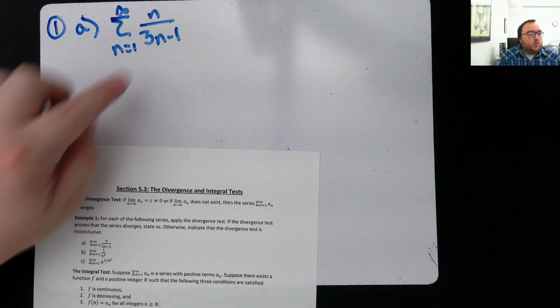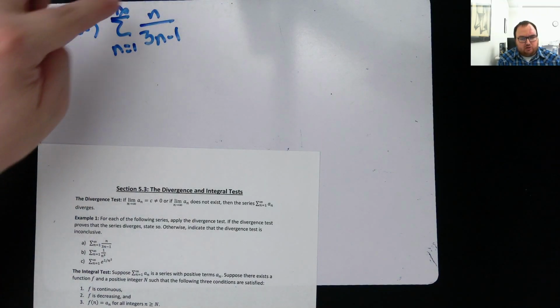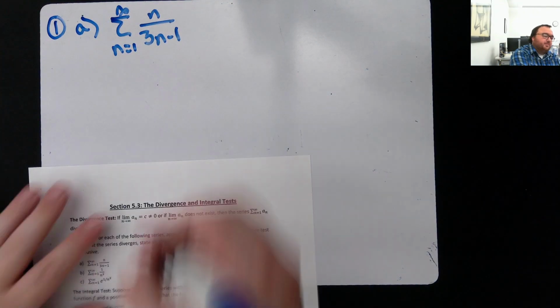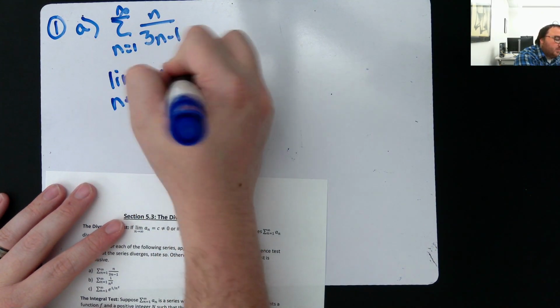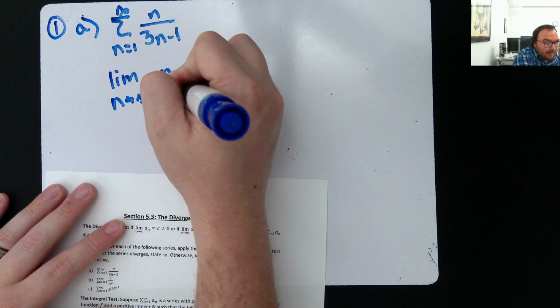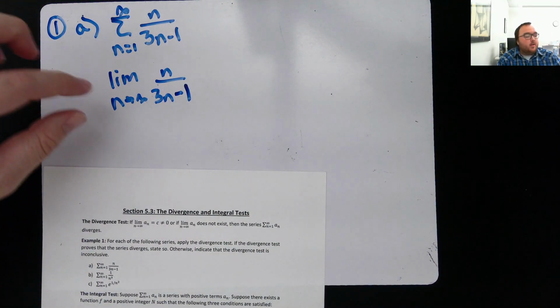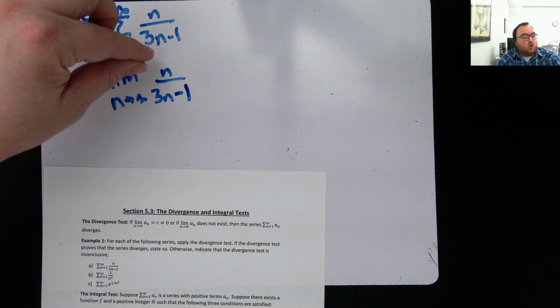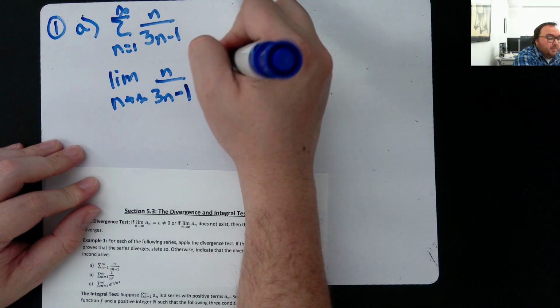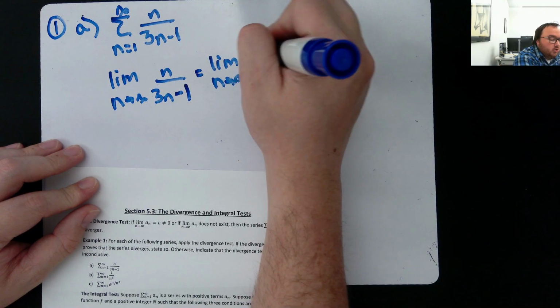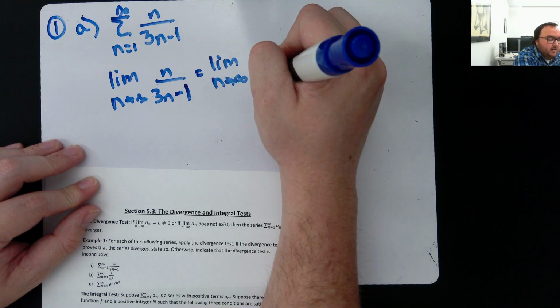So what I want to see is what's happening to my terms. Let's see what happens as n gets really big. Well, remember from Cal 1, I just want to look at the largest term in each part, right? The largest term on top is the n. The largest term on the bottom is 3n.